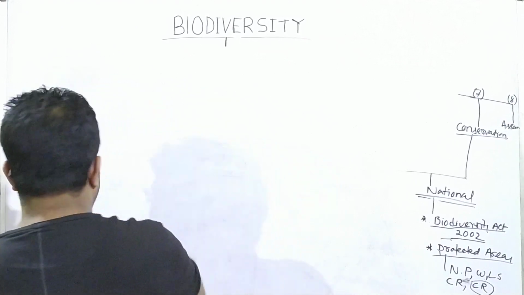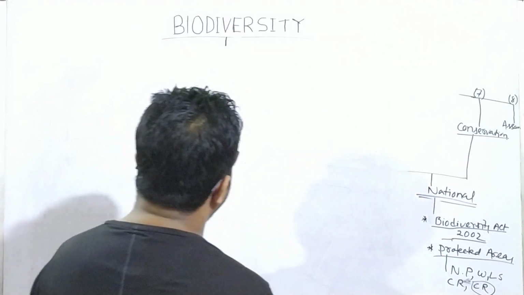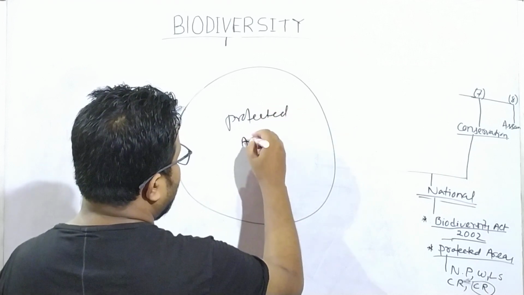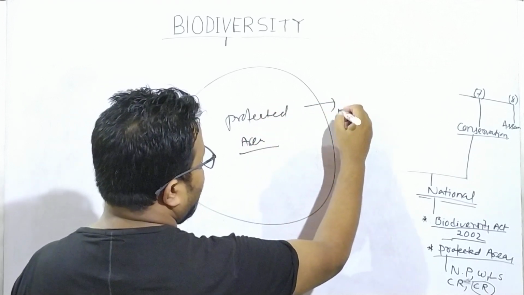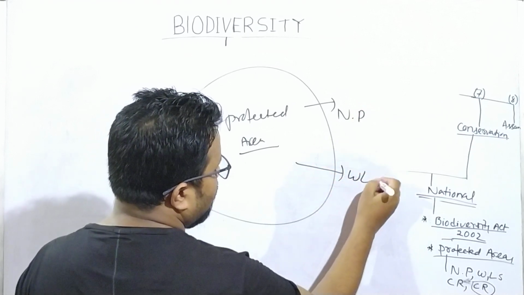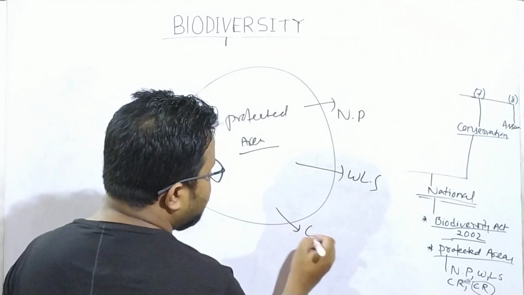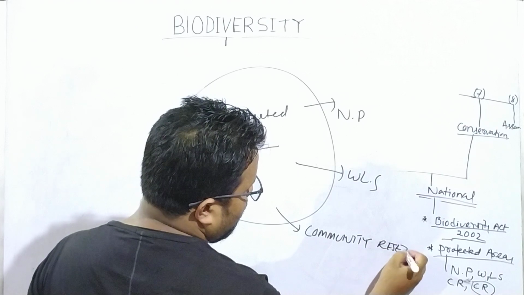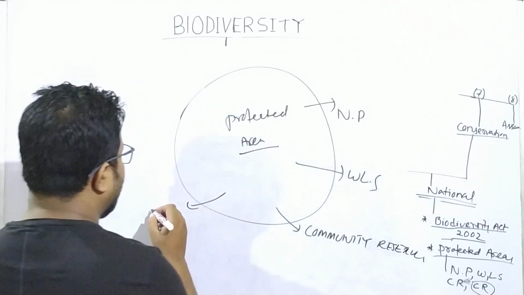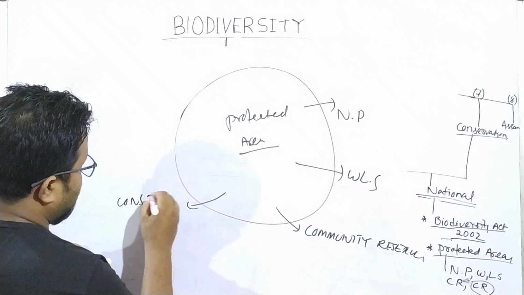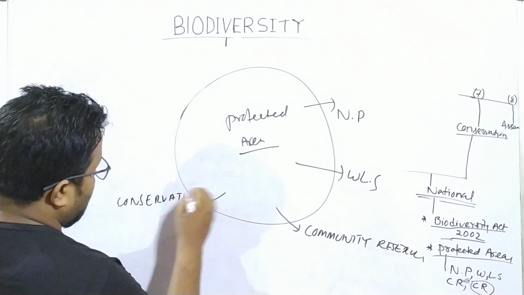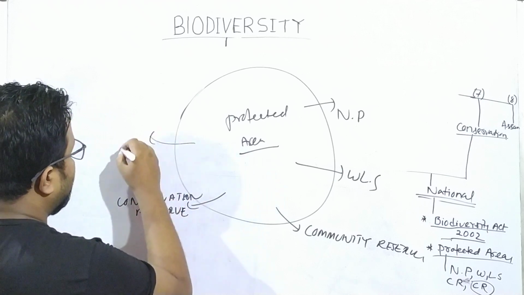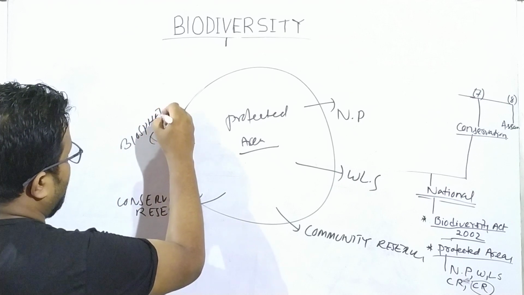Protected areas basically include national park, wildlife sanctuary, community reserve, conservation reserve, biosphere, and others.